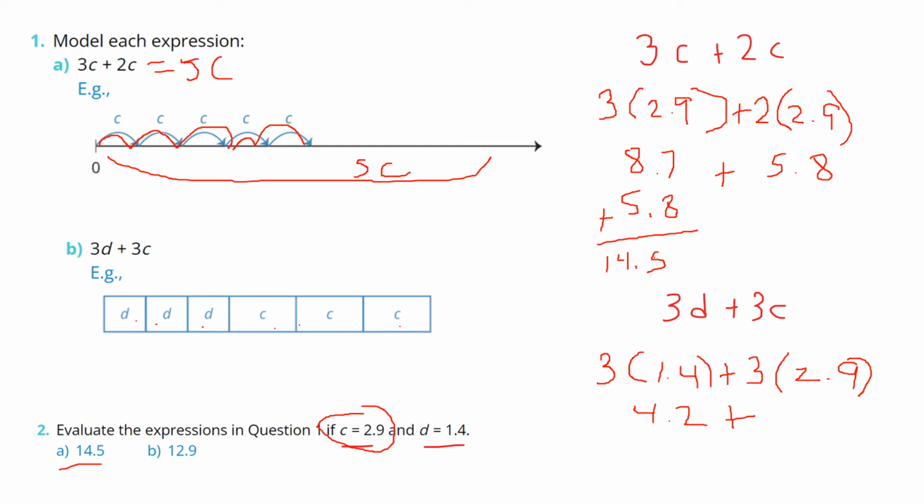Plus, we take the 3 times the 2 and 9/10, we get 8 and 7/10. Again, we line those up on top of each other, and for the standard algorithm, we add 4 and 2/10 plus 8 and 7/10, and we get 12 and 9/10, which you can see right over here.